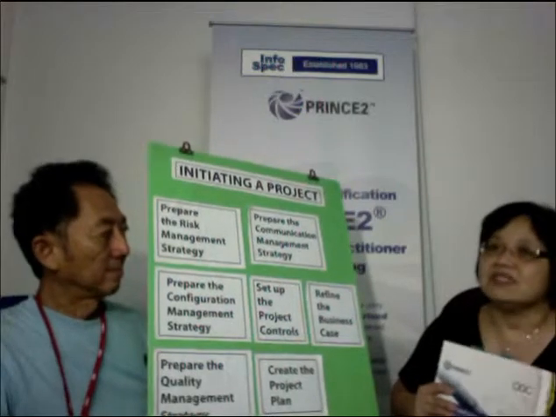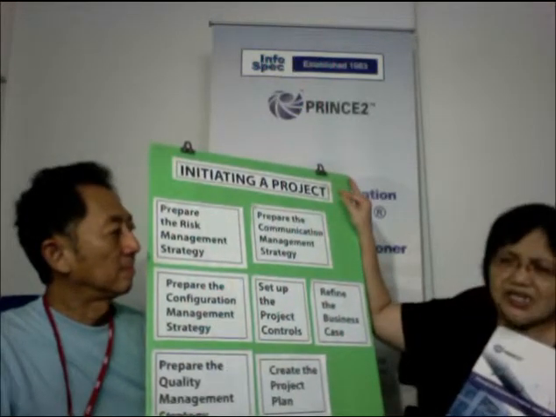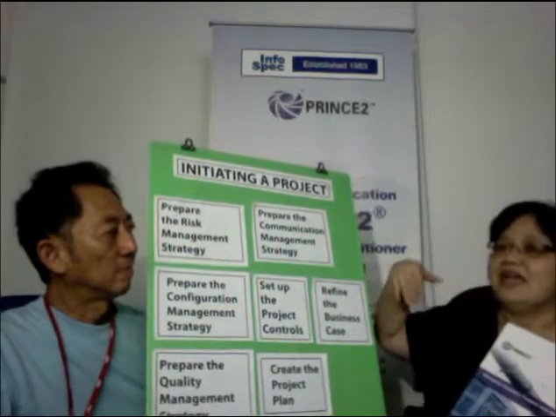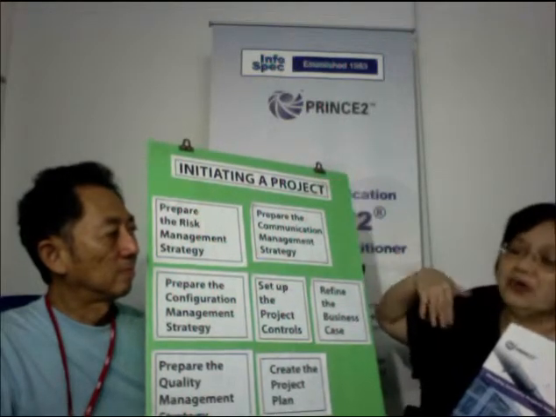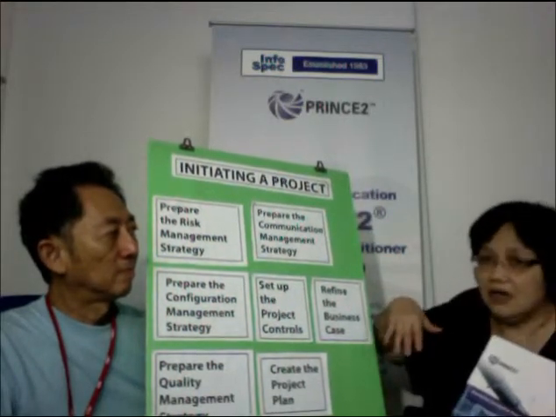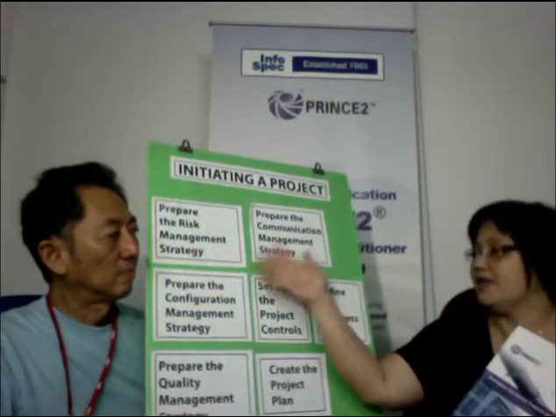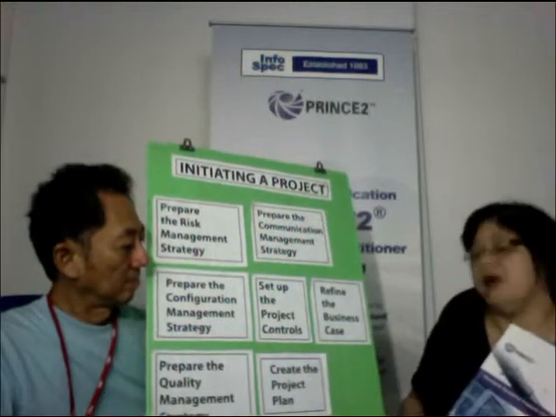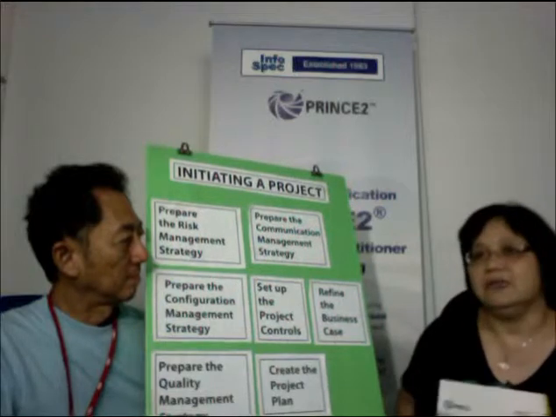So there are 7 principles, 7 themes, and 7 processes. Initiating a project is one of the 7 processes, which is at the beginning of the project. What this process does is prepare all the strategies or confirm all the project management strategies, and also prepare the project plan, and ultimately produce a project initiation document.